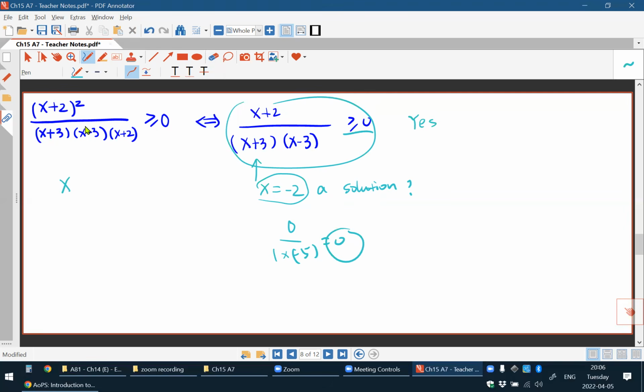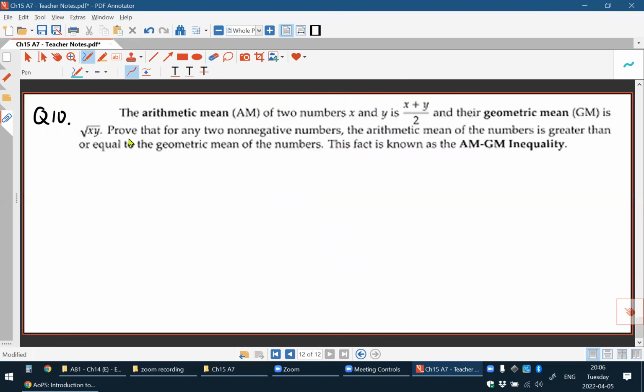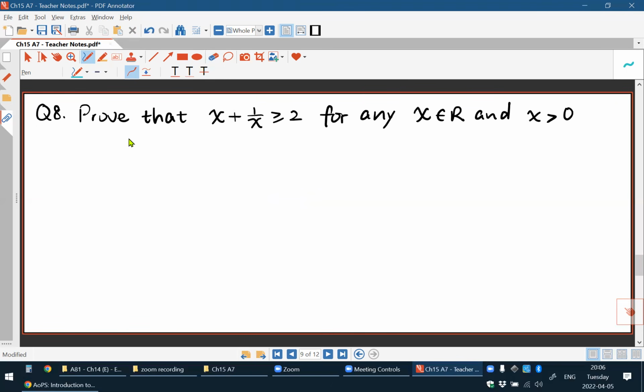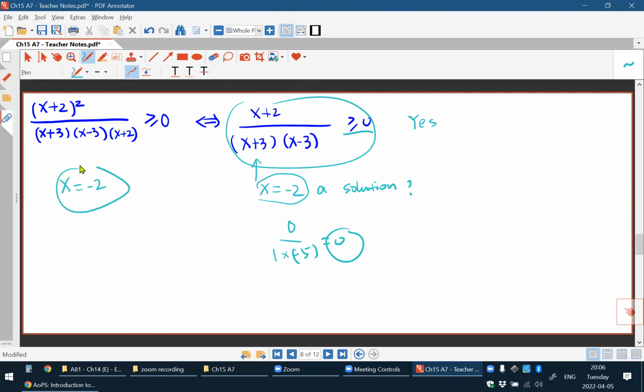But in the inequality on the left, can x be -2? Note here you have an x plus 2 in the denominator, right? So can x be -2? Follow me?